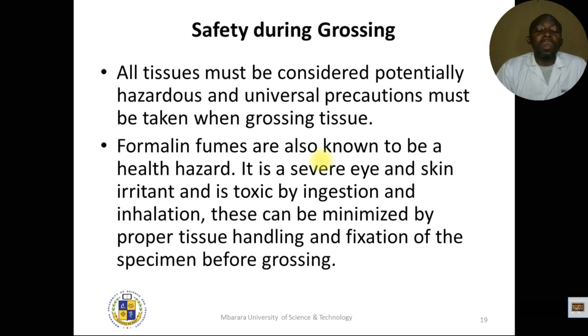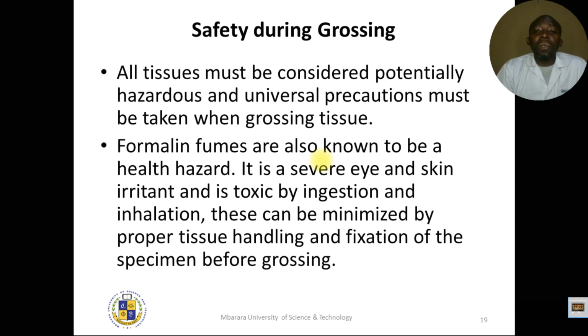So in as much as we may be looking at malignancies, most especially, these patients could be carrying other infections which could be dangerous. So all tissues must be considered potentially hazardous, and universal precautions must be taken when grossing the tissue.